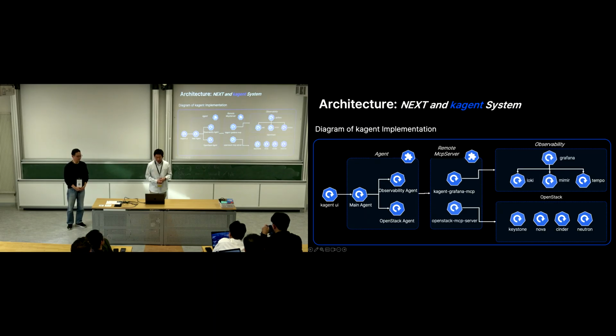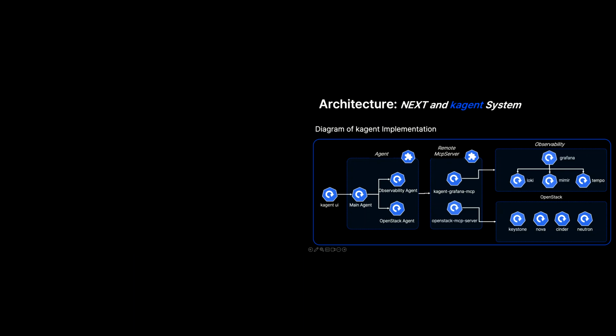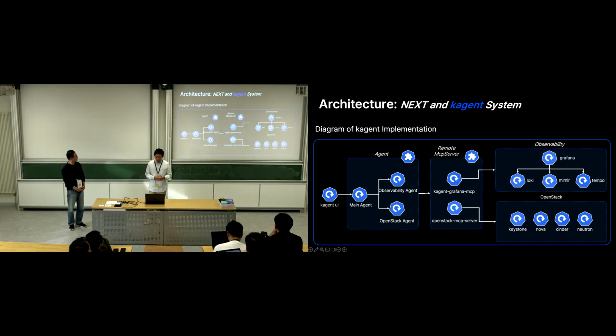Through the K-agent UI, you can select an agent and enter a prompt. You can also choose to use a single agent or a super agent like the main agent, which orchestrates multiple agents together for more complex workflows.